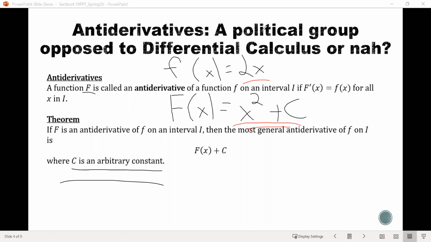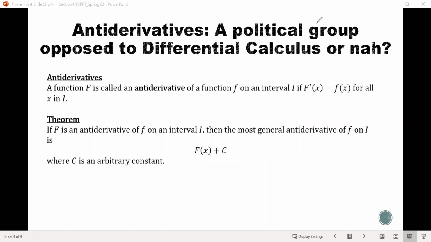So we put the plus c there to represent that. So there's this theorem here that says that if capital F is an antiderivative of f on the interval I, then the most general antiderivative of f on I is F of x plus c. So again, we put that plus c there to represent the possibility that there could be a constant on the function. Okay.